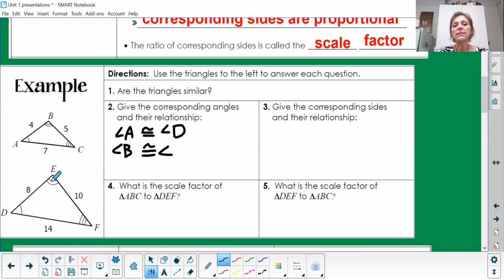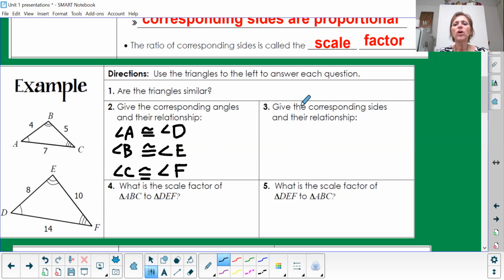This is double and this is double. So I'm going to say it goes with angle B. It's in the same position. It's got these little marks that are the same, angle marks that are the same. And the last pair would be angle C. And if I look down in the same position and they have the same angle marks on them, well, we're going to say it's congruent to angle F. Hopefully you're guessing these before I'm writing them.